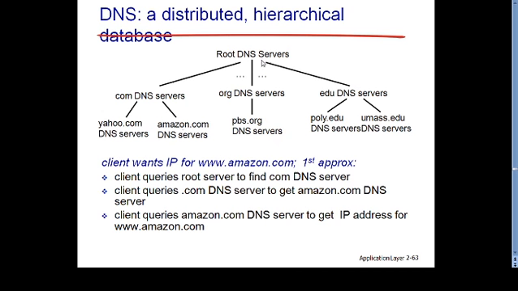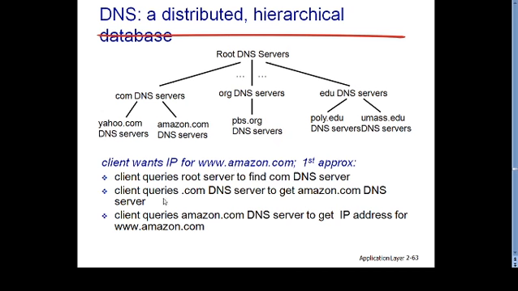So this is the hierarchy. First you contact the root server, which gives you the address of the top level domain server, which has the address of the authoritative server, which has the actual mapping of the name you are looking for.